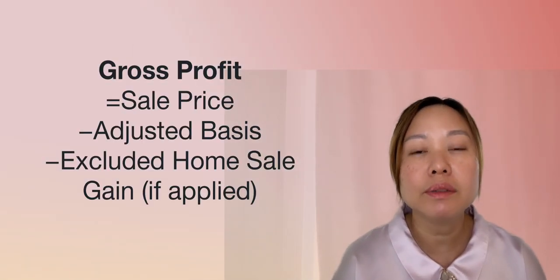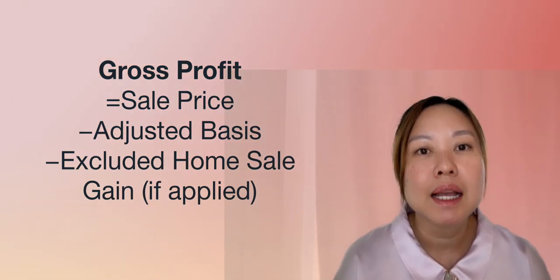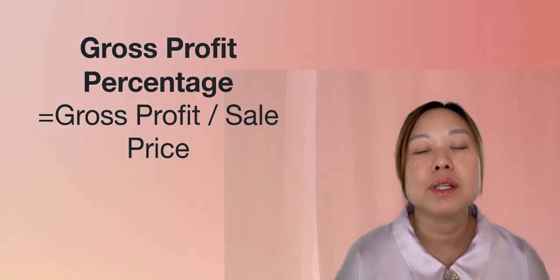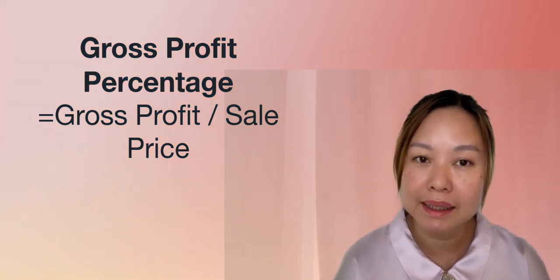So the gross profit calculation is as follows: gross profit equals sale price minus adjusted basis minus excluded home sale gain, if applicable. The next number that we need to calculate is the gross profit percentage, which is the gross profit divided by the sale price.